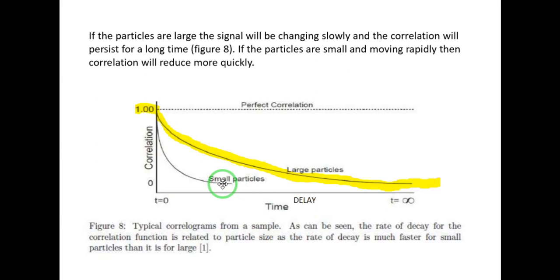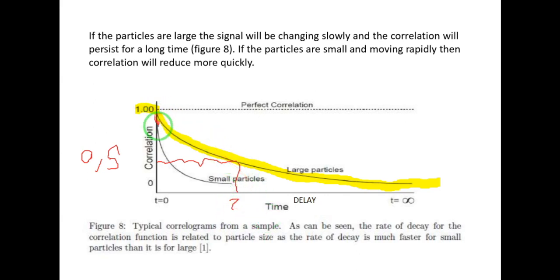The large particles, due to having smaller diffusion coefficient, are moving slower within the medium, and as a matter of fact, the light intensity is fluctuating more slowly with respect to the time, so that at larger time delays there is still a correlation of around 0.5 between the signal and its delayed time of tau here.